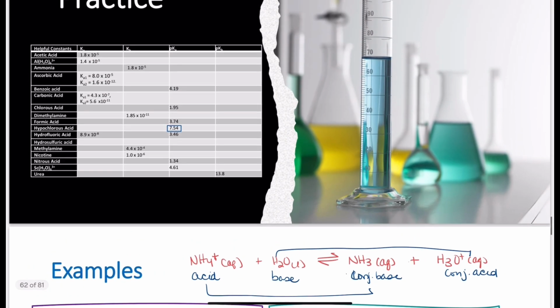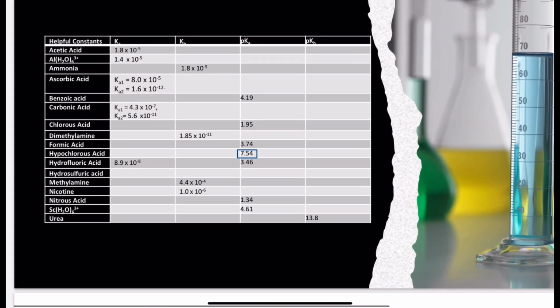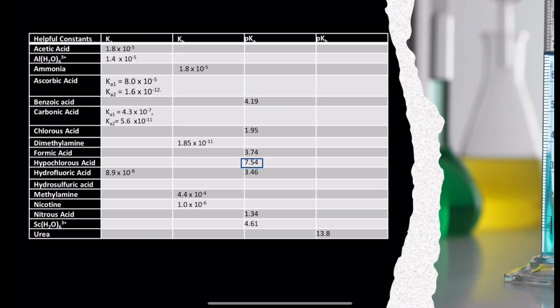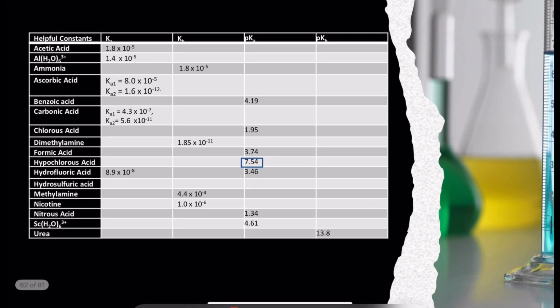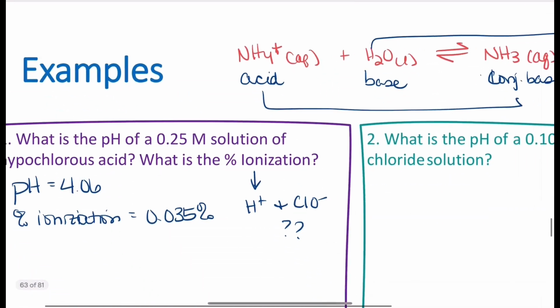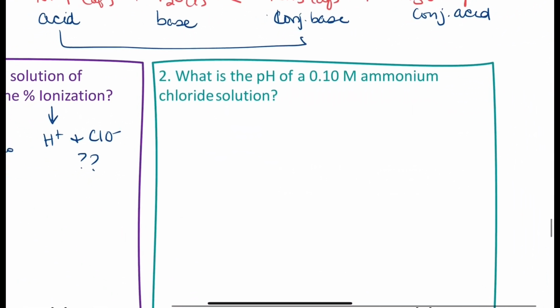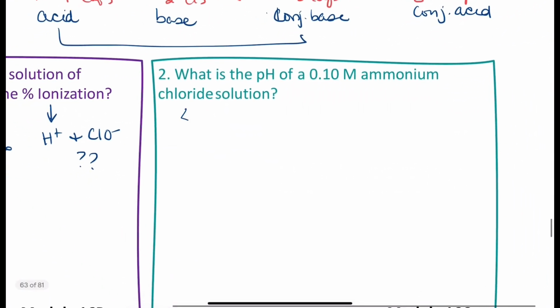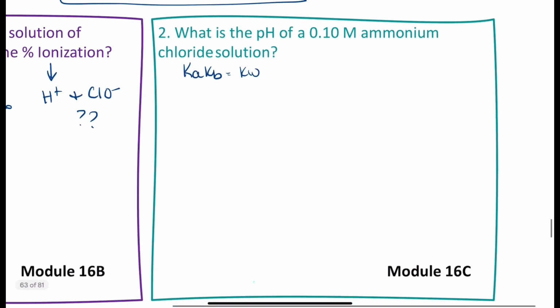Let's go check what I have for ammonium up here. I don't have anything about ammonium, but I do have the Kb value listed for ammonia, 1.8 times 10 to the negative 5. So I'm going to have to use that Kb value to find the Ka value over here. Might as well do that now. I know that Ka times Kb equals Kw.